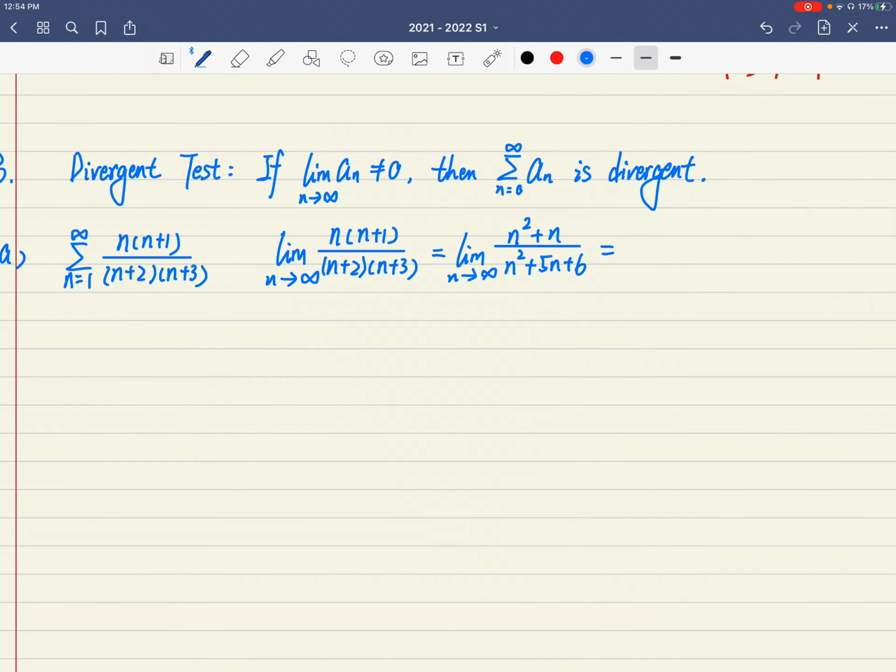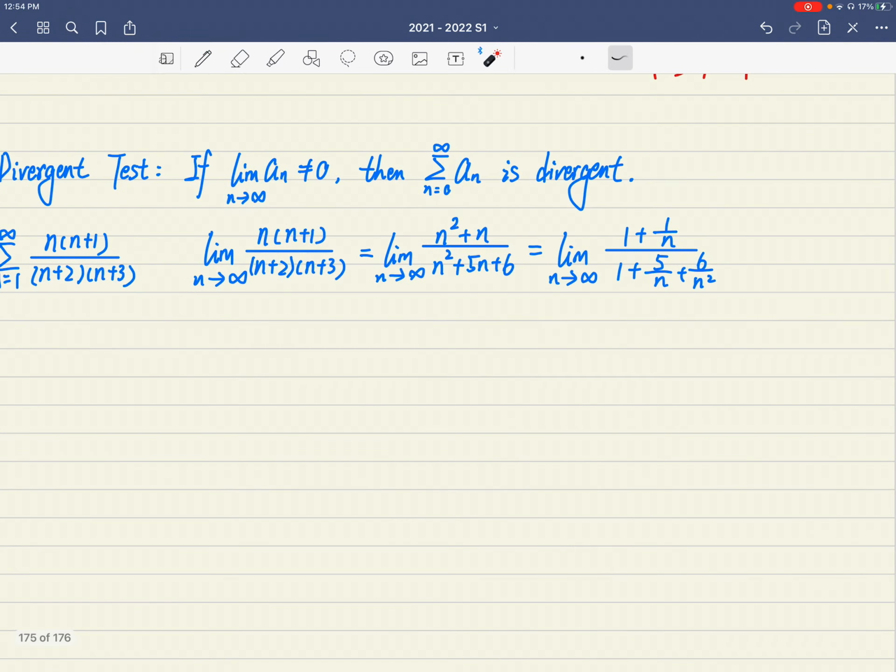Okay, so what can we do here? We can do substitution, but it's infinity over infinity. So we can divide both top and bottom by n to the highest power, which is n squared here. So it's 1 plus 1 over n on top, and the bottom is 1 plus 5 over n plus 6 over n squared. Then when n approaches infinity, those terms go to 0, so it's 1 over 1.